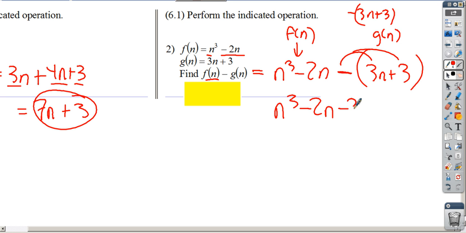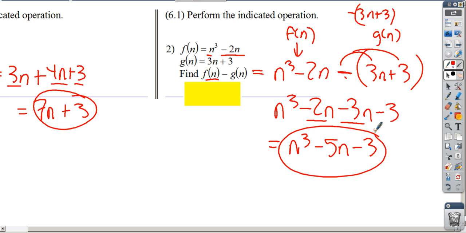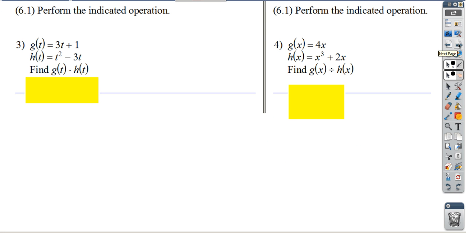So when you distribute the negative, you have minus 3n, and then minus the positive 3 would be minus 3. And you have n cubed minus 2n minus 3n is minus 5n, and then that should be a minus 3 right there, and that is a simplified version. Let's just check to see if we got it, and we did. Okay, that's adding and subtracting.